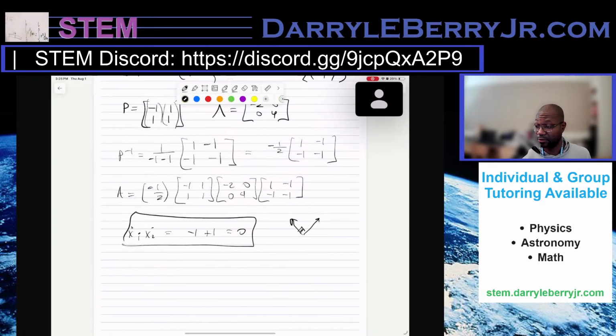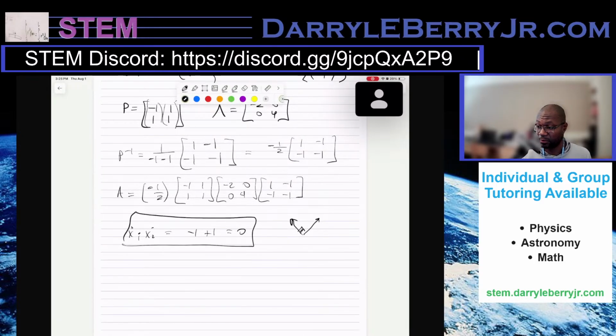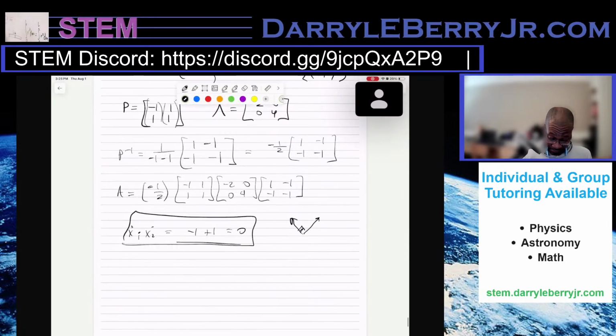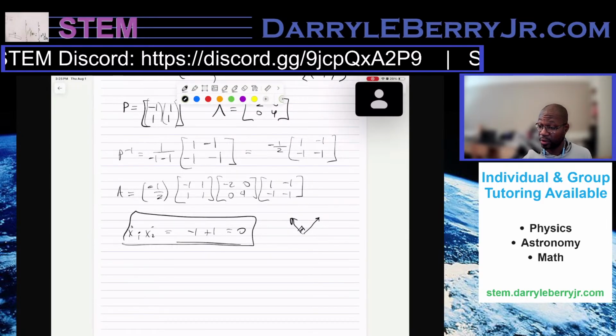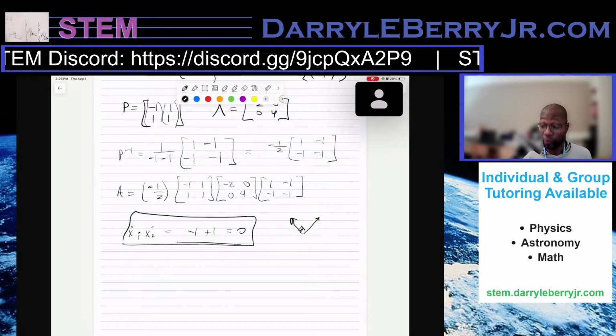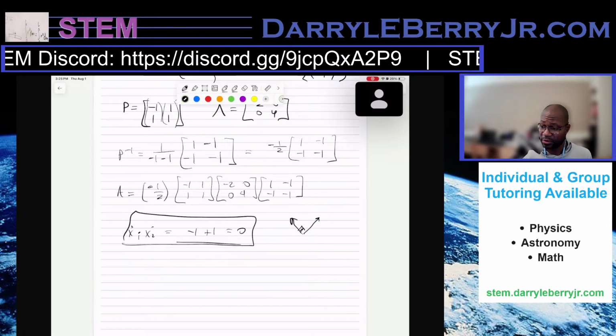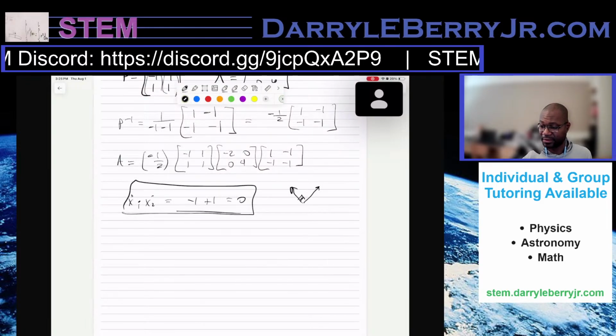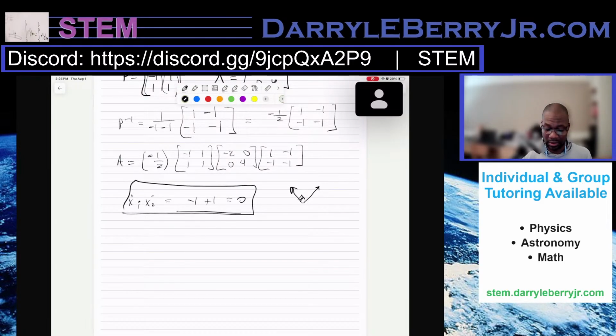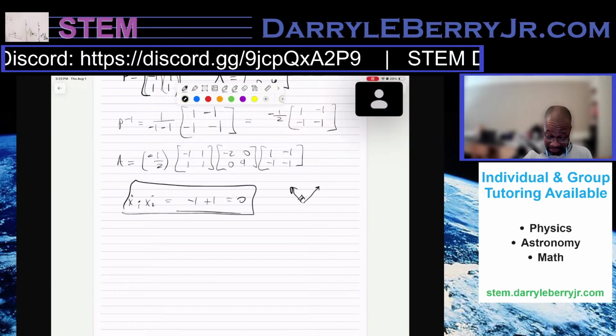Now he's saying recall eigenvectors of a symmetric matrix are orthogonal, which we just showed. So they will form an orthogonal basis. If you want them to be orthonormal, basically what he's saying is we want to find a basis where all vectors have a length of 1.